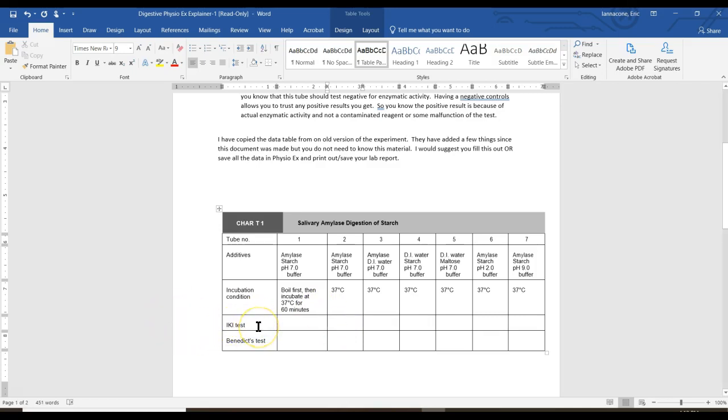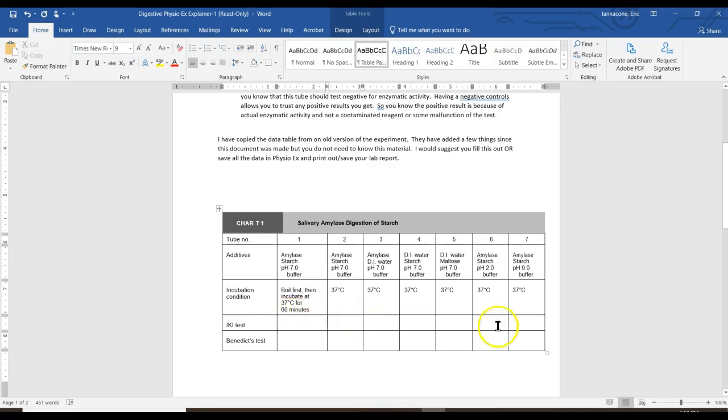So here we're actually testing for both substrate and product, so we can see how much product was produced by our enzyme and how much substrate is left over. With the other 2 experiments, we're just tracking substrate or some measure of enzymatic activity, so this one's a little different.